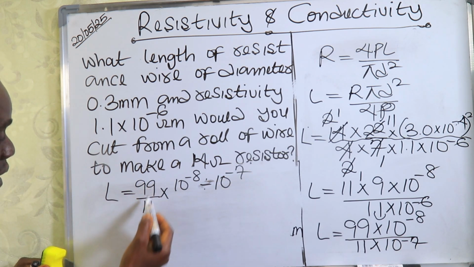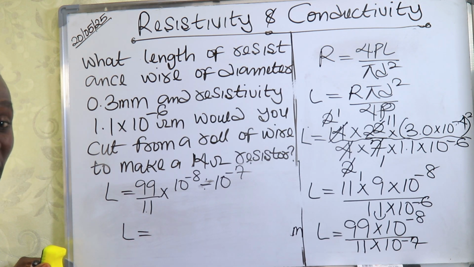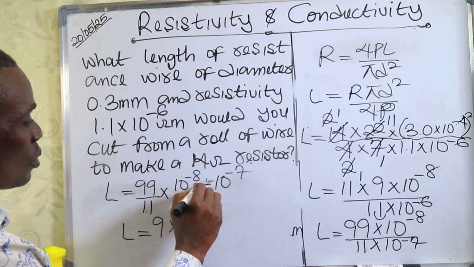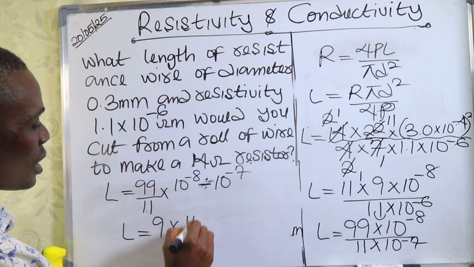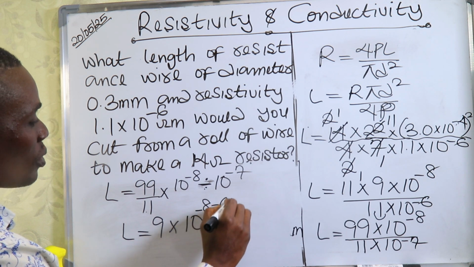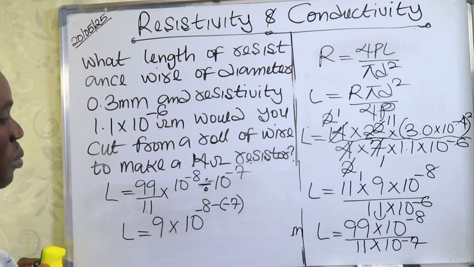99 divided by 11 will give us 9 times, and this one is division. It means we will get 10 to the power of minus 8 minus bracket minus 7, because according to the law of indices, these two go minus.